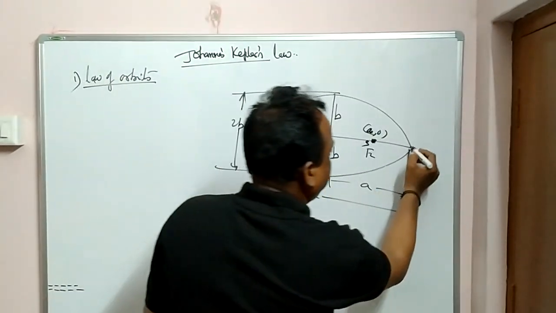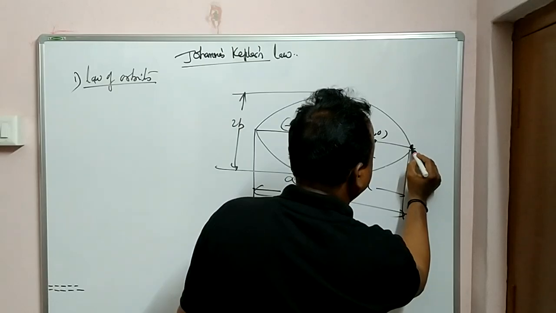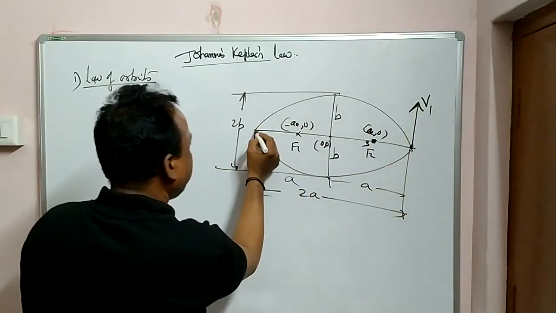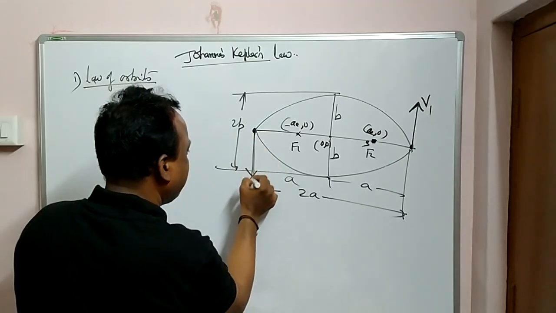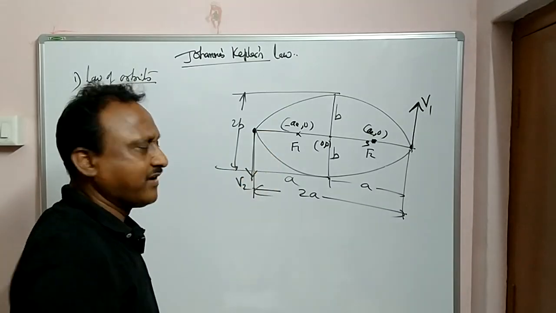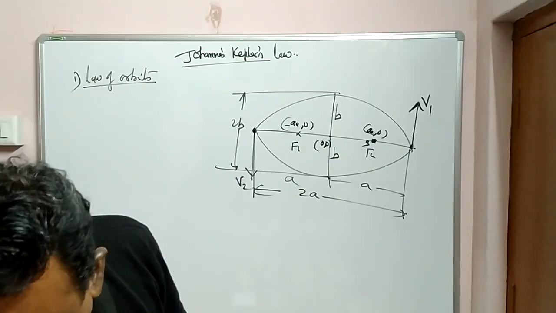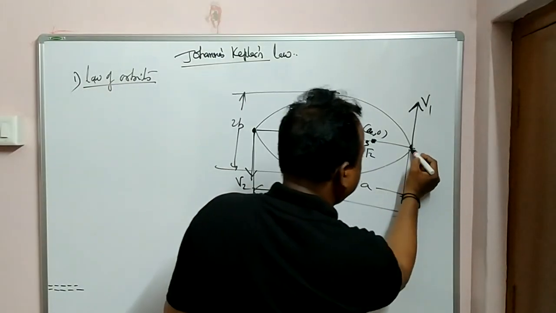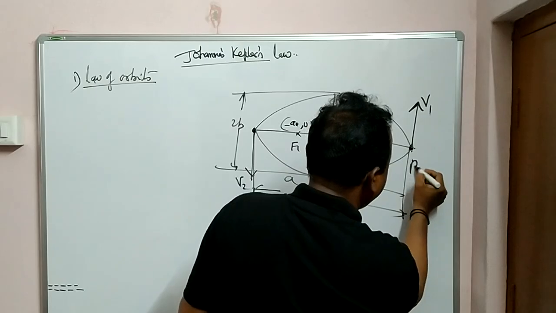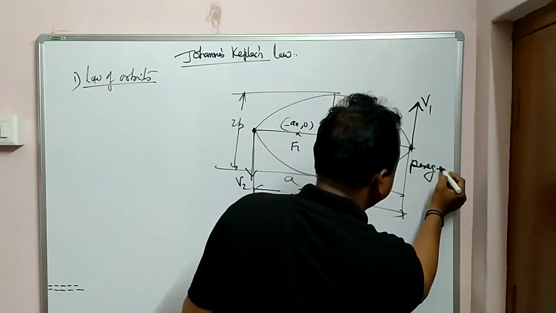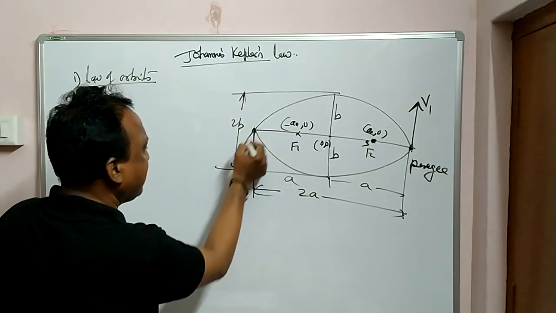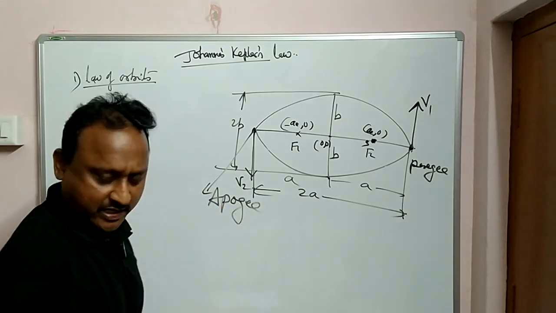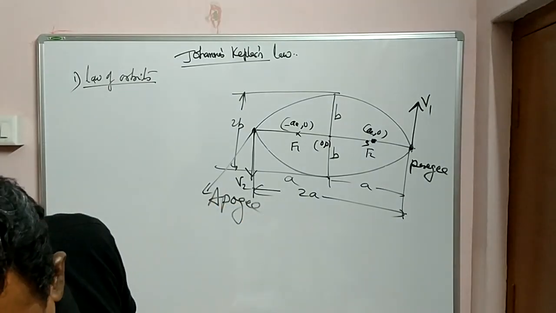Suppose sometimes the planet may be here, rotating with velocity v1. Sometimes the planet may be here far away, with a velocity v2. These points also have been given names, perigee and apogee.